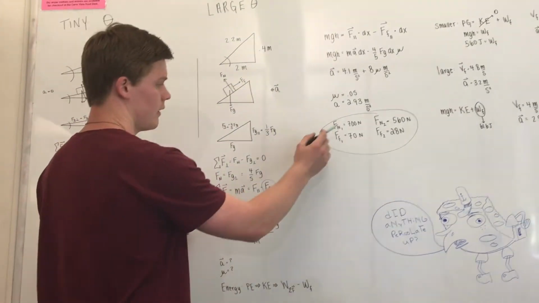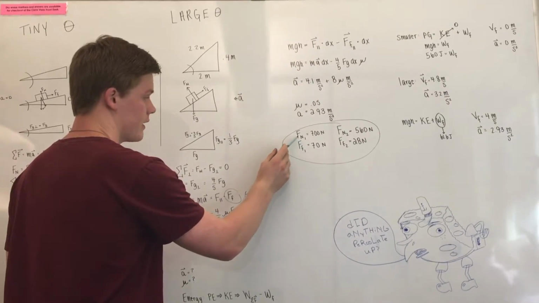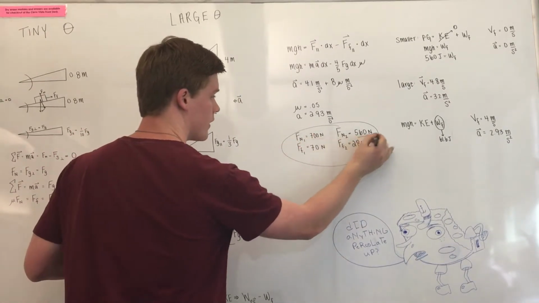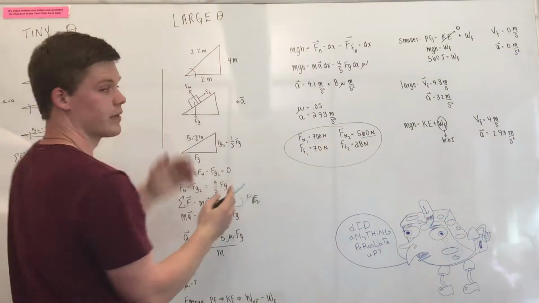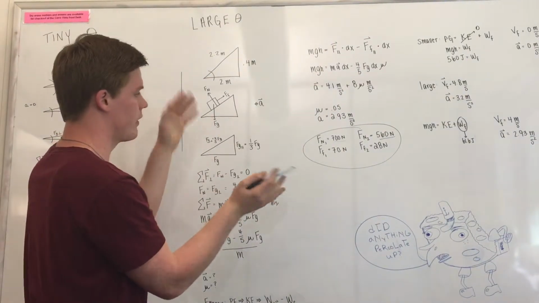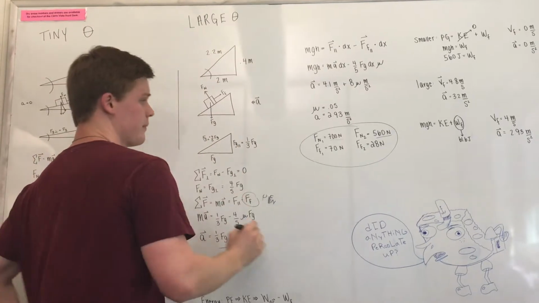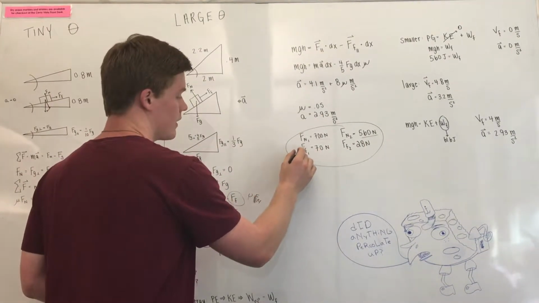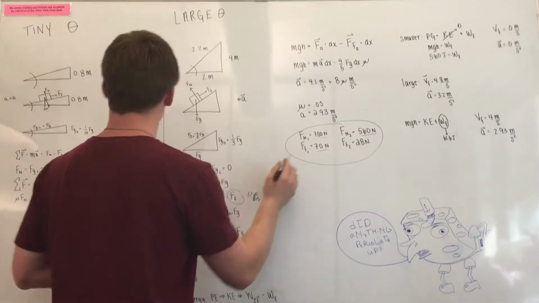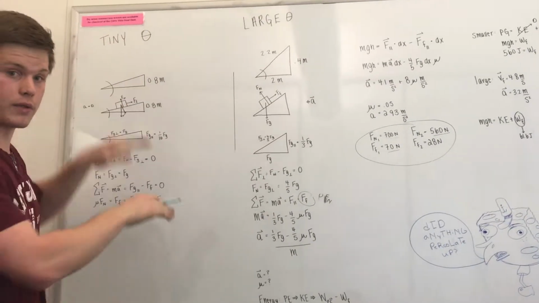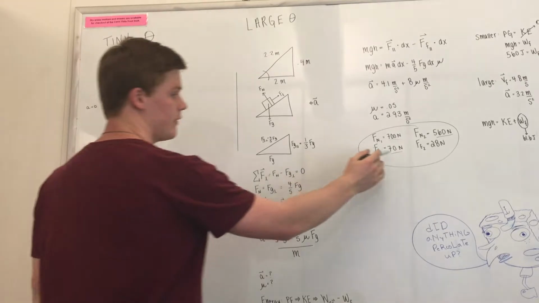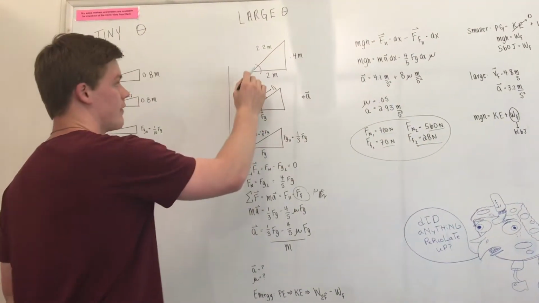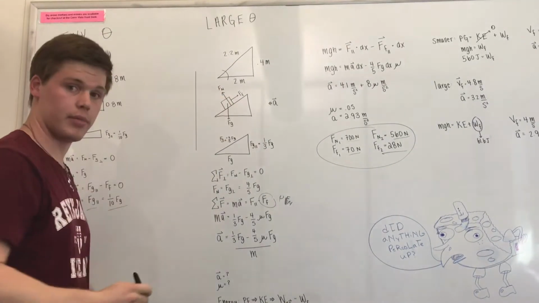And so here we see, in the instance with the smaller angle, we have a much higher normal force than we did in this example with the larger theta and a larger vertical component. And then we can see that the force of friction in the smaller one, the almost horizontal railing, is 70 newtons, and then it's much less in the instance where we have that larger vertical component.